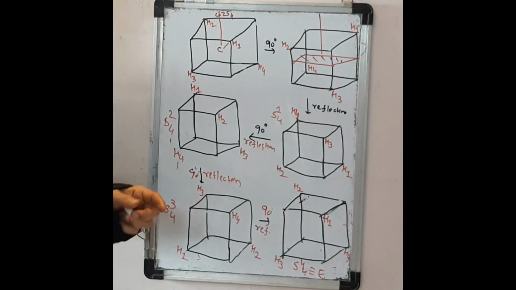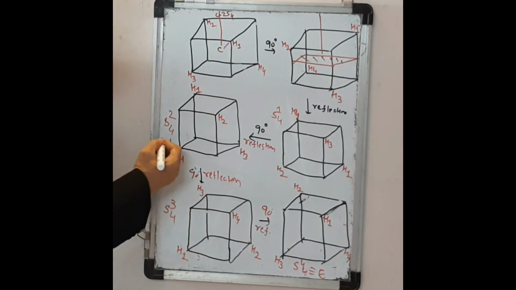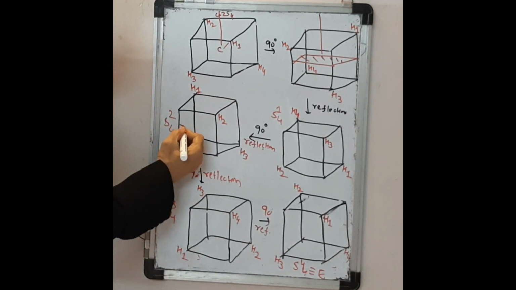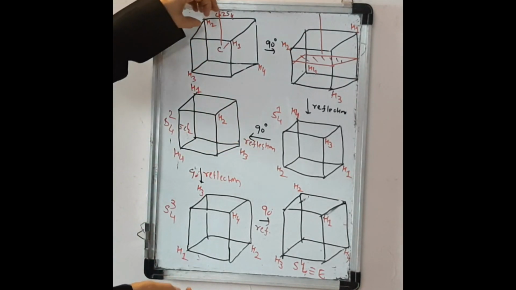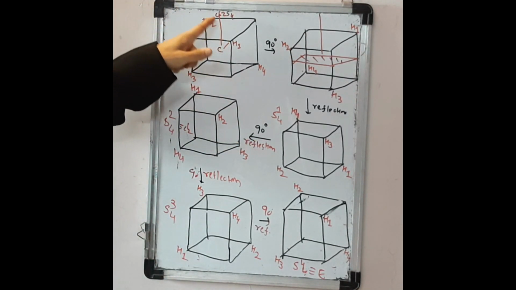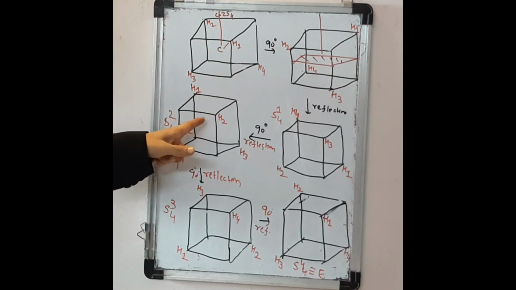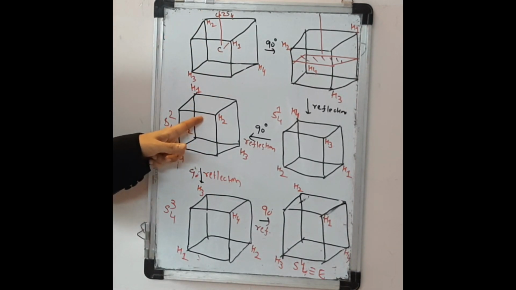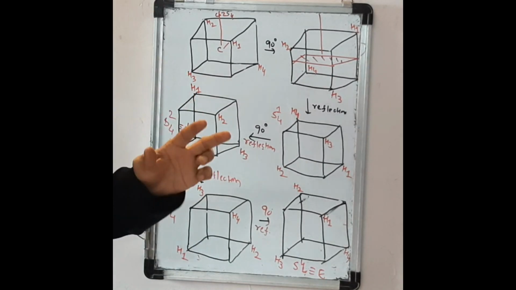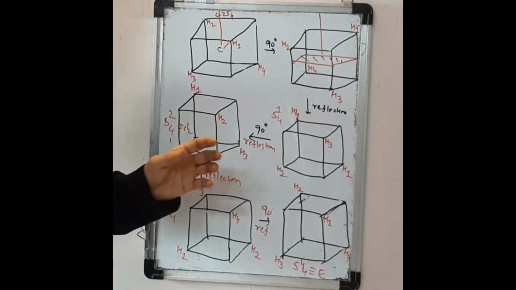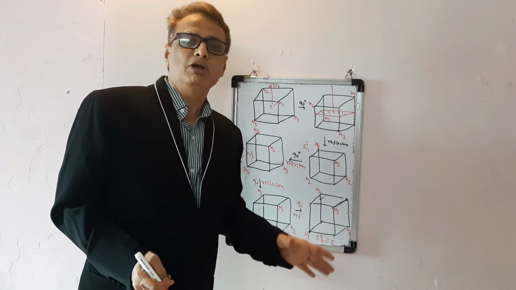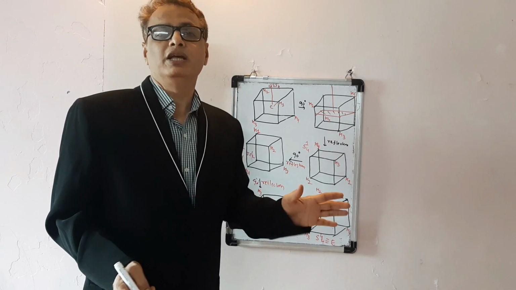This S24 is also known as the C12 operation, because if this molecule is rotated by 180 degrees, then 1 is shifted to 2 and 2 is shifted to 1, which leads to this configuration. So if we give 2 times 90 degree rotation followed by reflection, it leads to this configuration, and the same configuration can be obtained by giving only a 180 degree rotation.